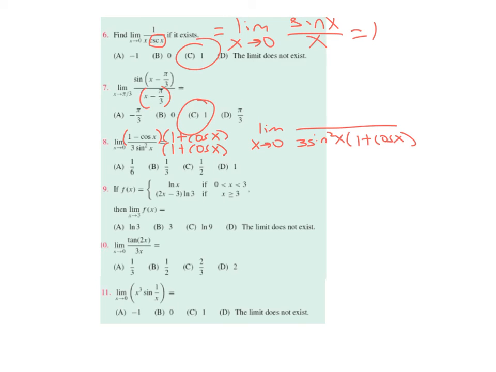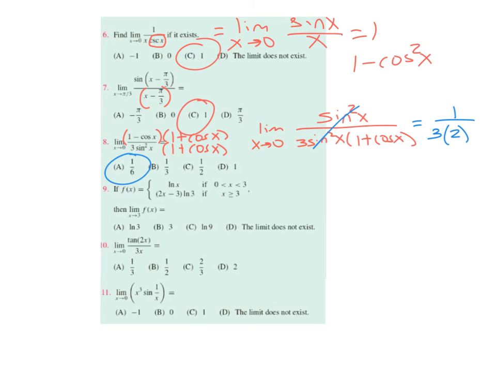And then the top is 1 minus cosine squared of x, which is sine squared. So the sines cancel. So I get 1 over 3 times 2, 1 over 6.